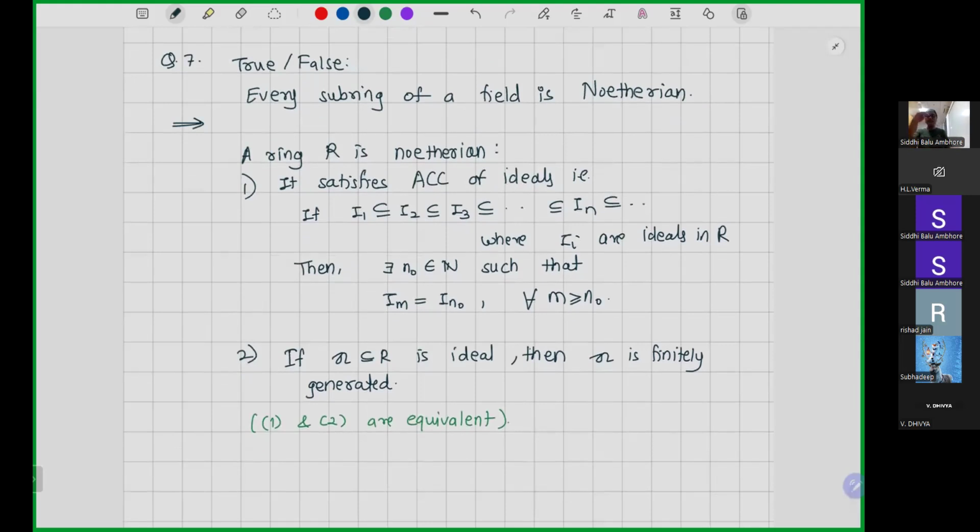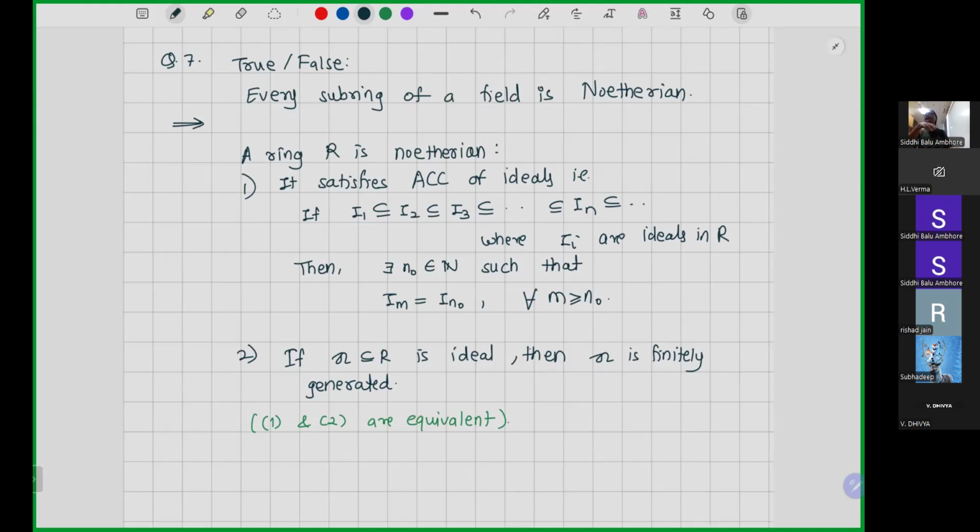So the question is whether every subring of a field is Noetherian. A field is always Noetherian because the only ideals in a field are 0 and the ring itself. The ring itself is the ideal generated by 1, and 0 is the ideal generated by 0.